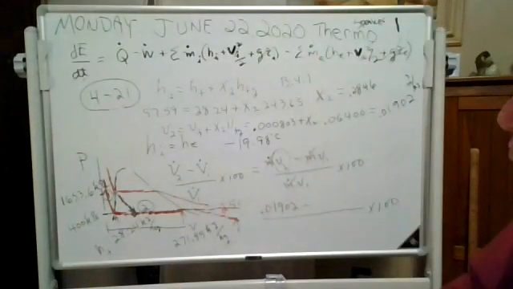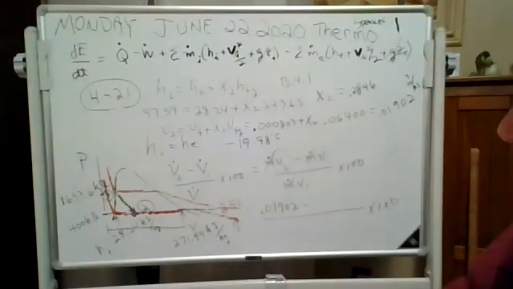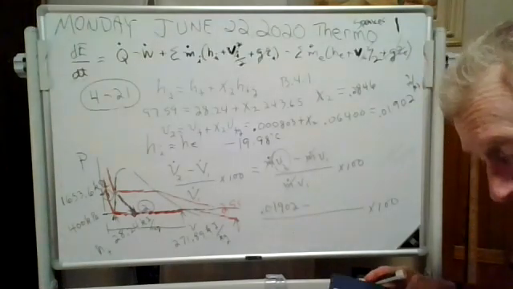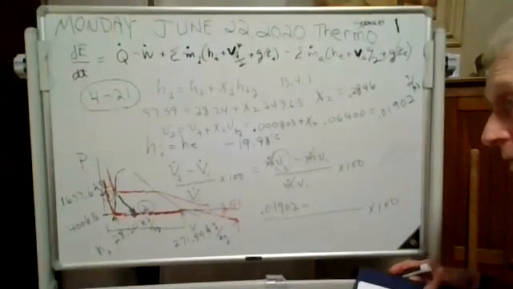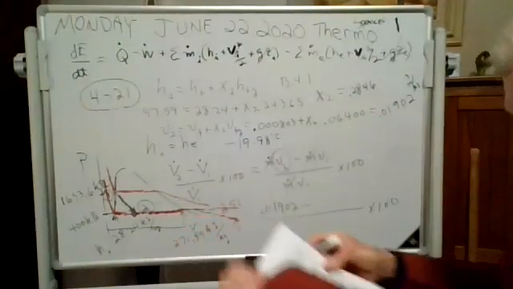Now, did we have it already? I forget. Was that it? 28, 24? I don't know. Let me go to my table and we'll look and see. What we want is at 25 Celsius.